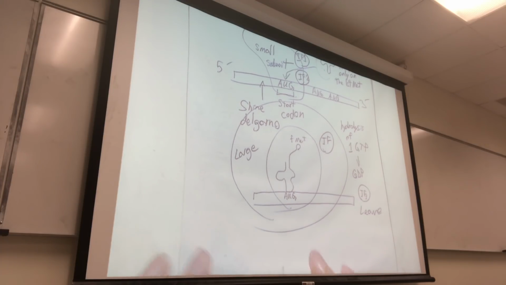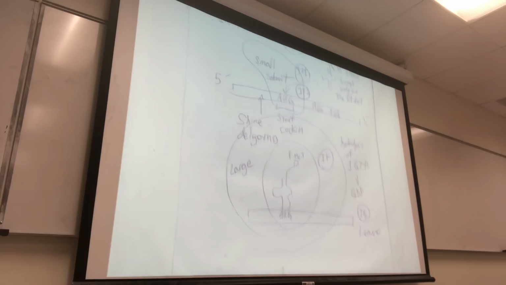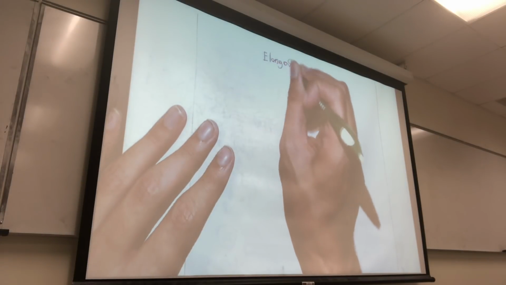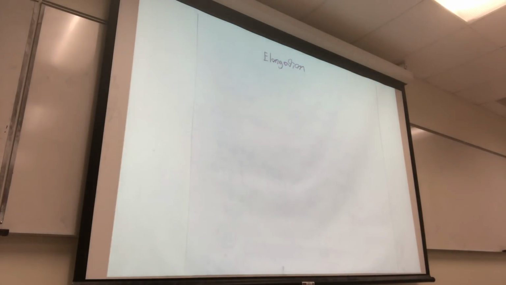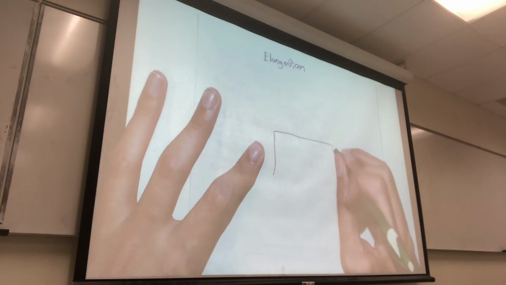Now for elongation. So bottom line, both subunits of the ribosome, the very first mRNA, and tRNA with the very first amino acid bound to AUG. All right, elongation. I'm going to attempt to draw it like this now.